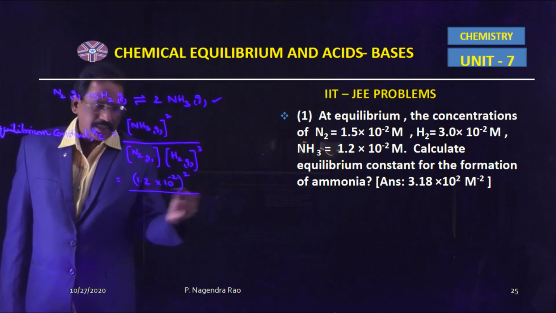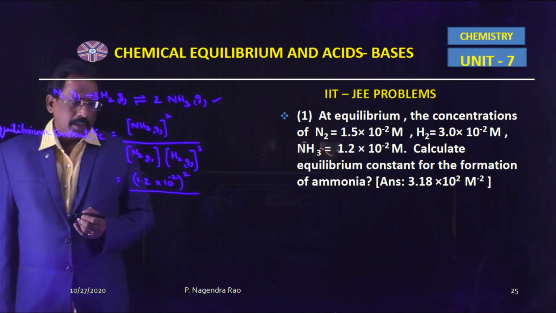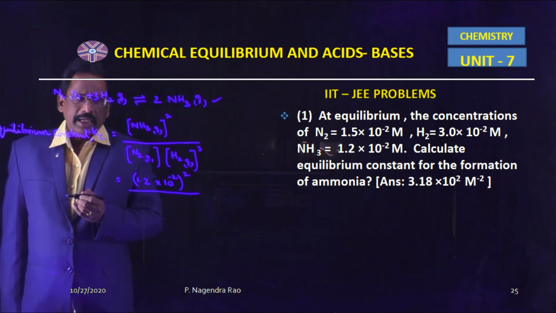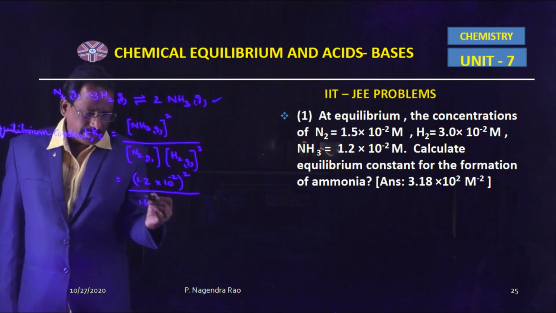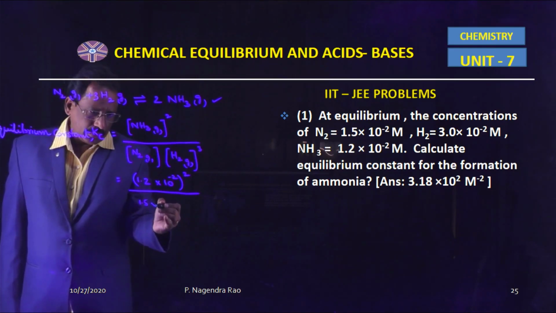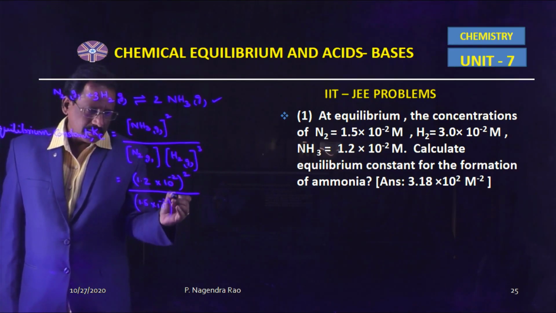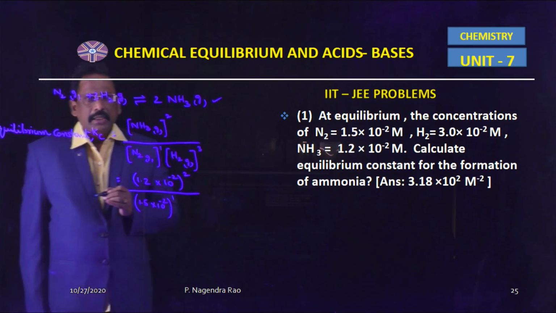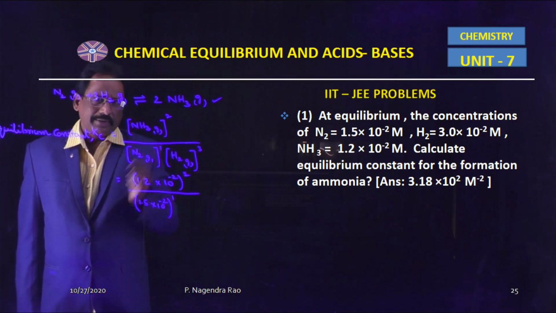divided by, at equilibrium conditions, the active mass of nitrogen gas, which is 1.5 into 10 power minus 2 to the power 1, because in this equation the number of moles of nitrogen gas is equal to 1.